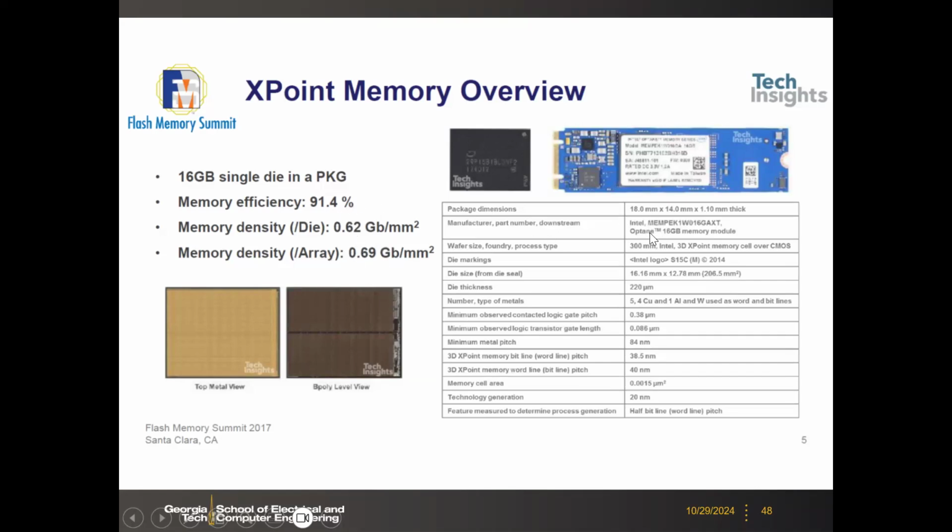And here are more details. Intel packaged it as the Optane memory product. The technology is called XPoint, but when Intel sells the product, it's called Optane SSD. They position this as a high-end SSD or storage class memory between the SSD and the main memory. The total die size is about 200 millimeter square, with 5 metal layers.